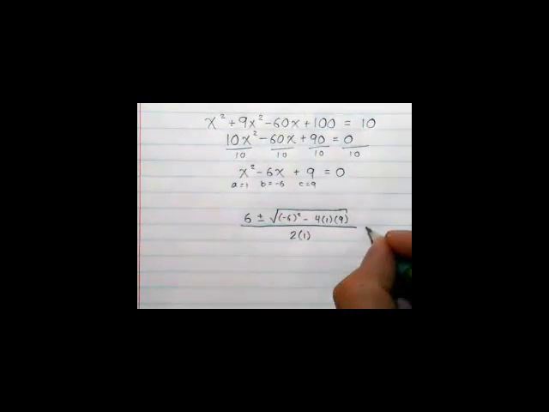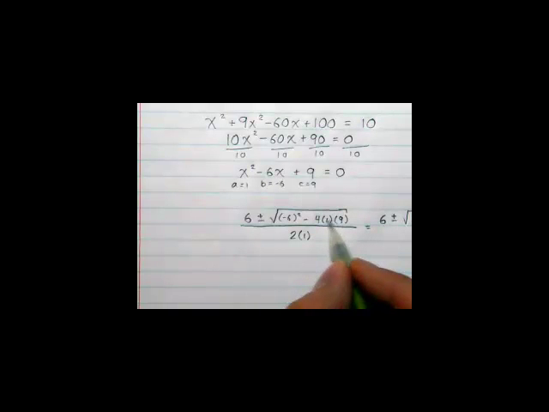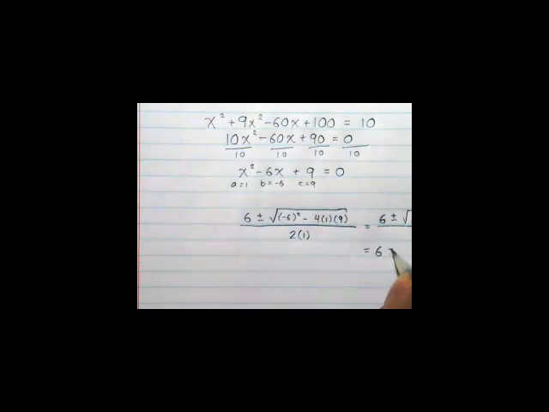So we've got 6 plus or minus the square root of 36 minus 4 times 1 times 9, which is 36. What's our discriminant going to be? Our discriminant is going to be 0. Right? So this is going to be 6 plus or minus 0 over 2, which is just 3, because it's just 6 over 2.